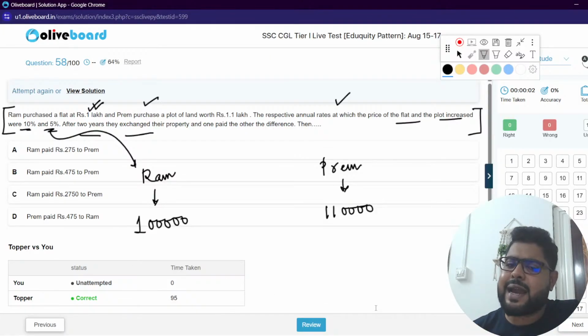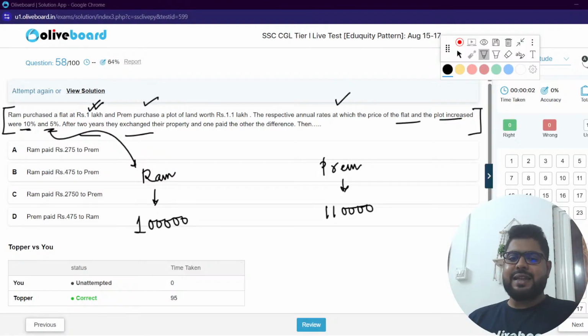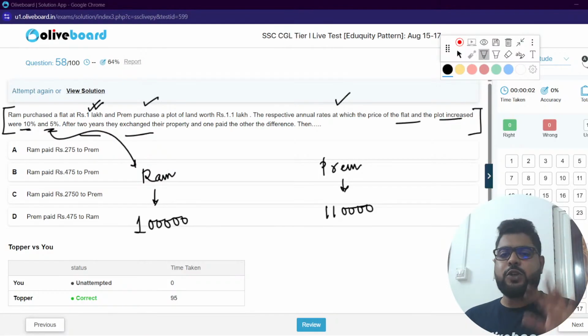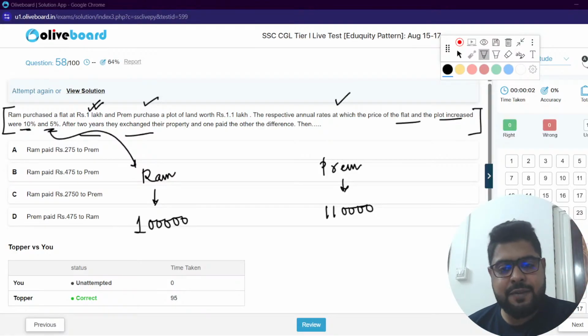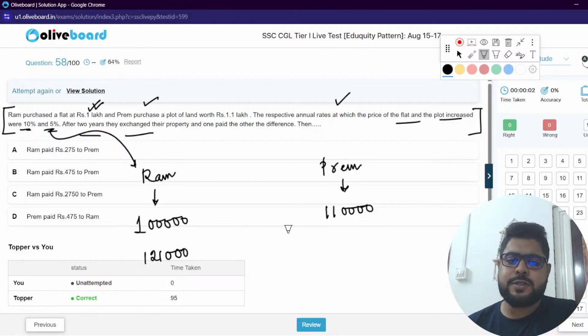If you are a serious candidate, after this much preparation, you should know that 10% compounding for 2 years is 21%. So 21% means this value will become 1,21,000. That is the value of the flat that Ram had purchased.